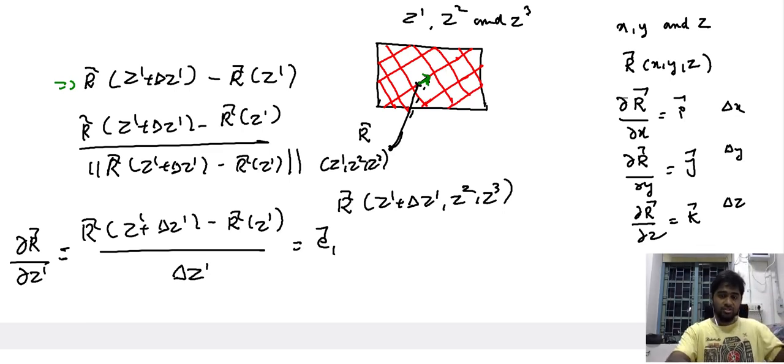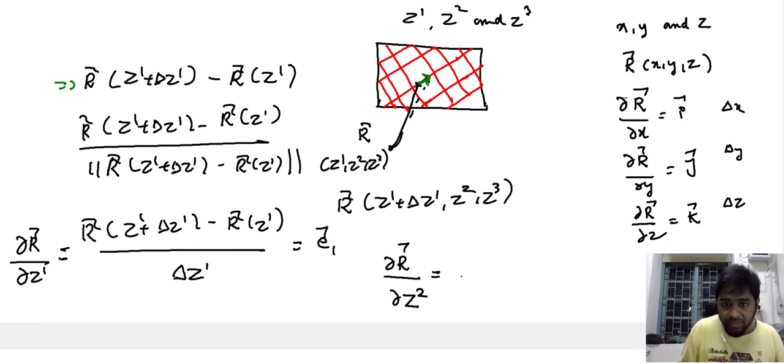So we have considered the nomenclature for a generalized coordinate system: z1, z2 and z3, and now we have a unit vector pointing along the z1 axis, and that forms a basis for this unique coordinate system that we have considered. The same numerical operation can be extended to the other coordinates as well. When you consider the partial derivative of the position vector with respect to z2, the corresponding unit vector would be E2.